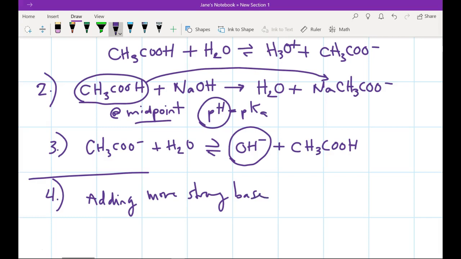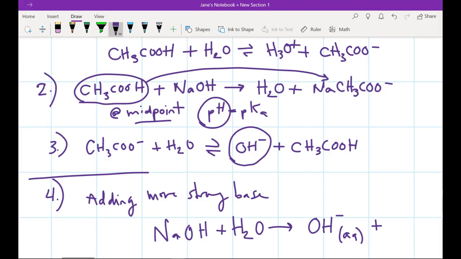So in this case, you're going to be adding sodium hydroxide to water, and this reaction is just going to make a bunch of hydroxide ion floating around in water, so it's going to make the solution basic also. And then obviously I'm going to have some sodium ions floating around as well.